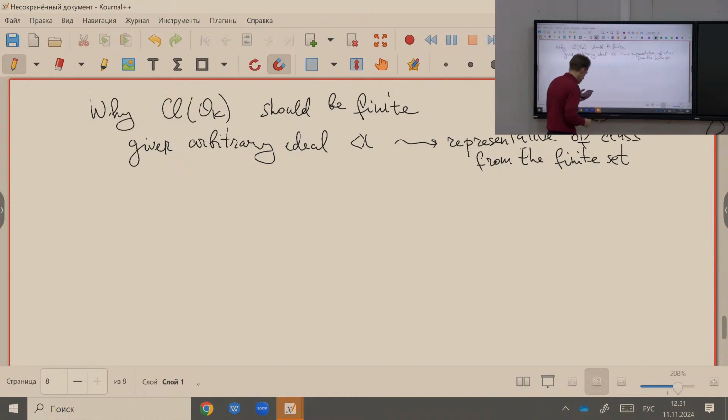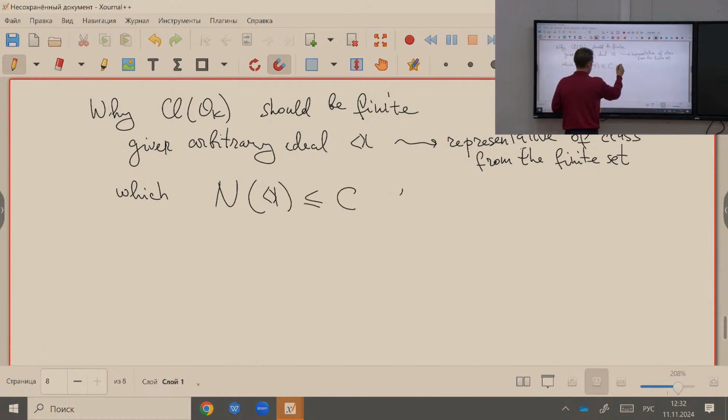And I claim that the set will be defined as follows: bounding the norm is enough to define the set. So the norm of A is less than or equal to C for some constant C.